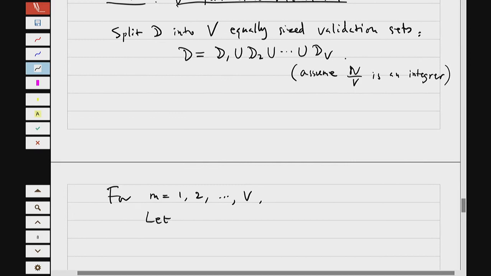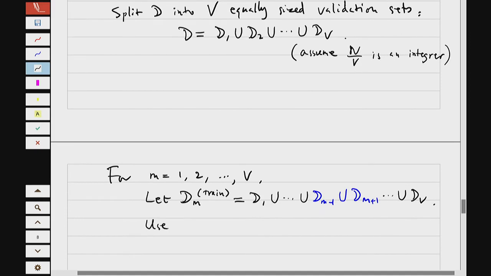You take the mth one out. So the remaining one, the D_m of training, will be D1 union, and here we have to jump over Dm, right? So let's write D_{m-1}, then union D_{m+1}, and then until you get to the vth one.